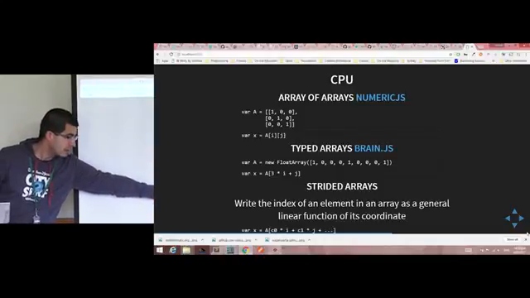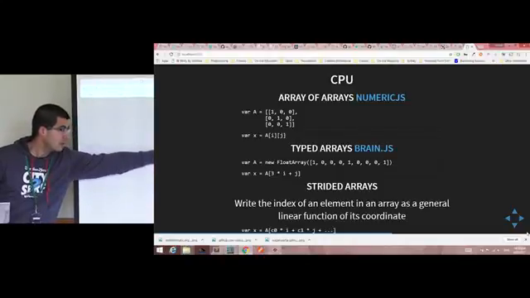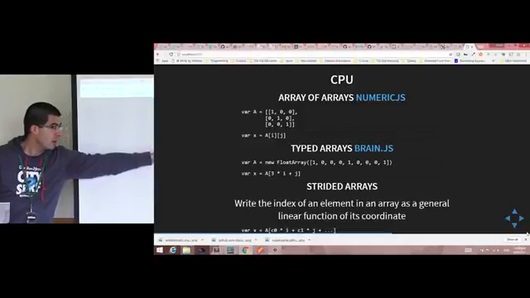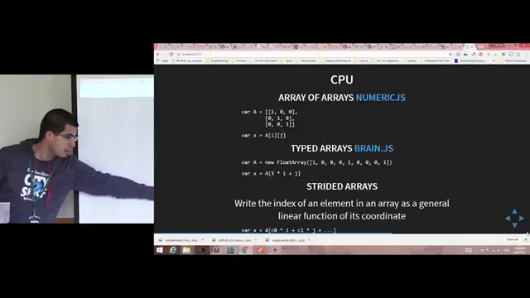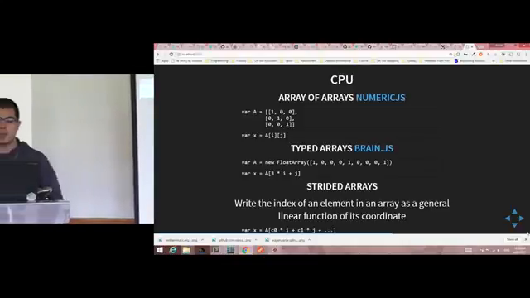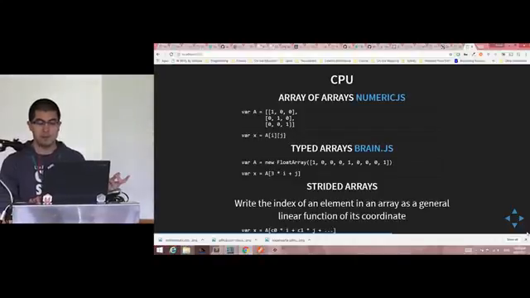And here the index is, so as you can see, it's a three rows and three columns matrix, and here you can see that the index has been fixed. So it's very fast using typed arrays, but to access the different elements when you want to do higher order operations is a bit cumbersome.